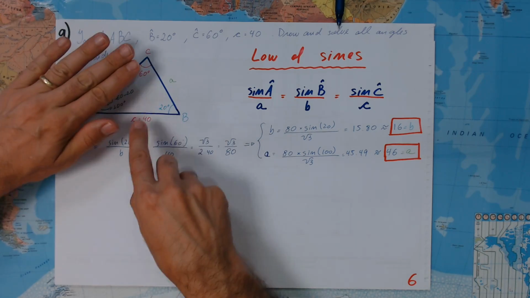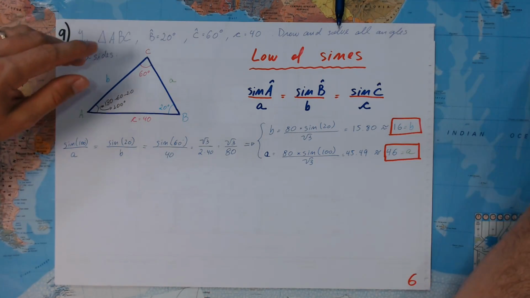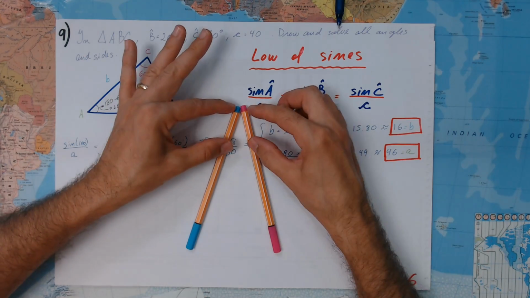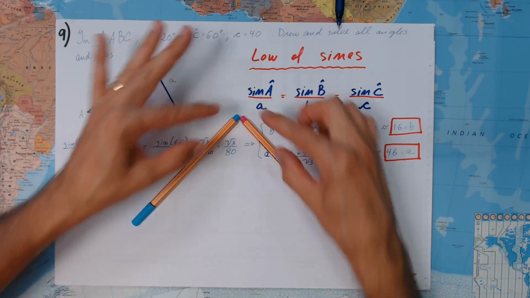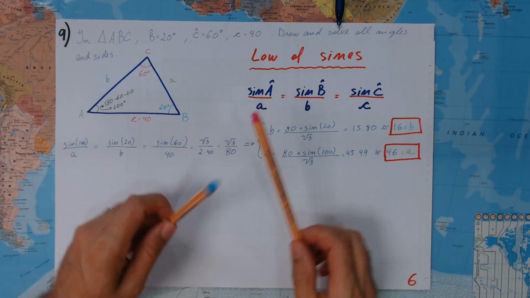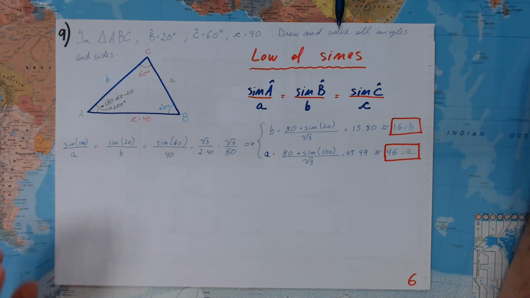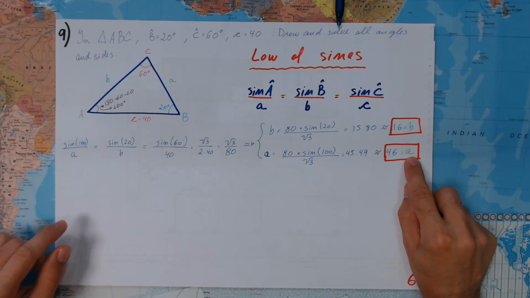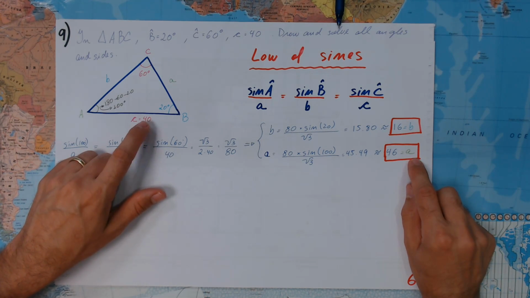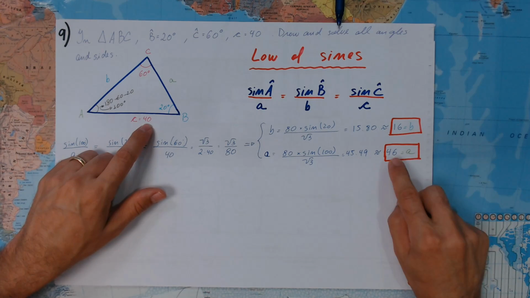Look, the more we increase this angle, look what happens to this length. It widens up. So if for some reason you get A smaller than 40, it's wrong. It's never going to be smaller than 40. It has to be bigger than 40.